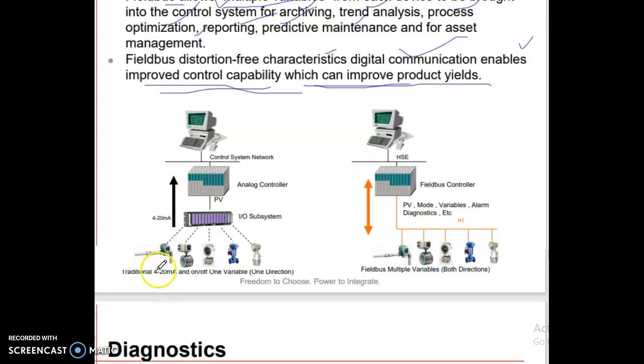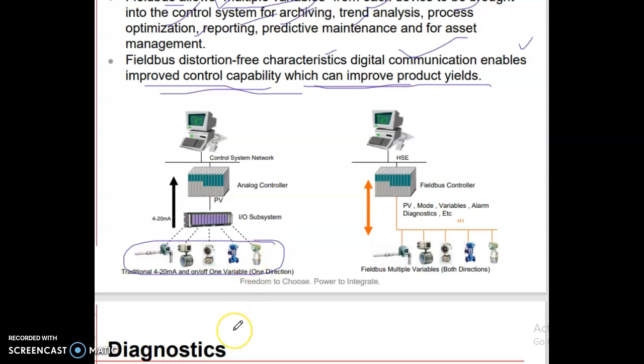Here, this is the sensor side: actuator, control valve, pressure indicator, and so on. From here, the IO system. Then the analog controller is connected, that is 4 to 20 milliamps.